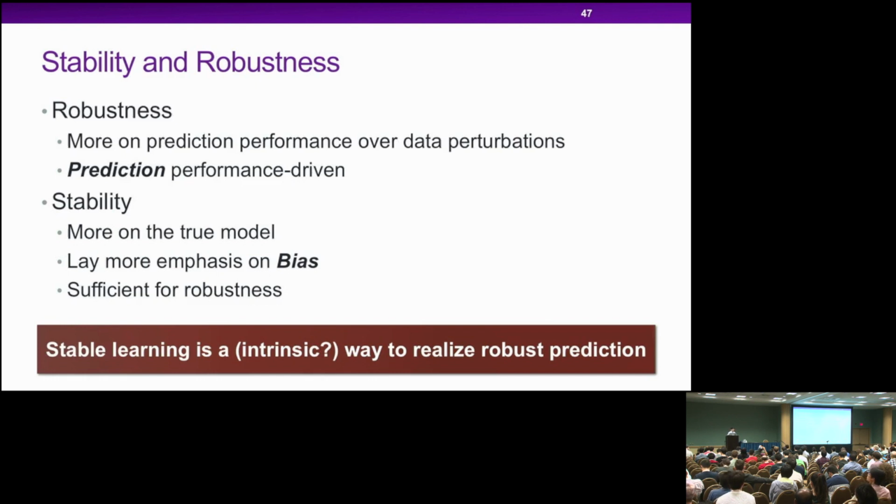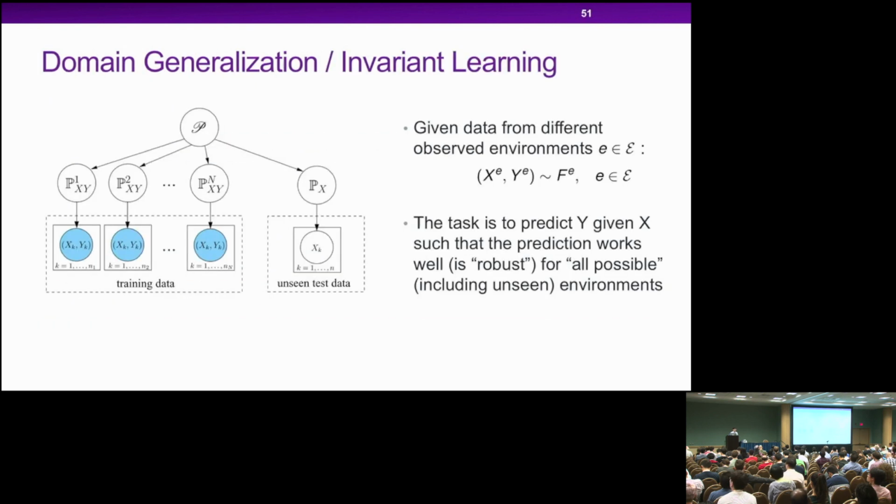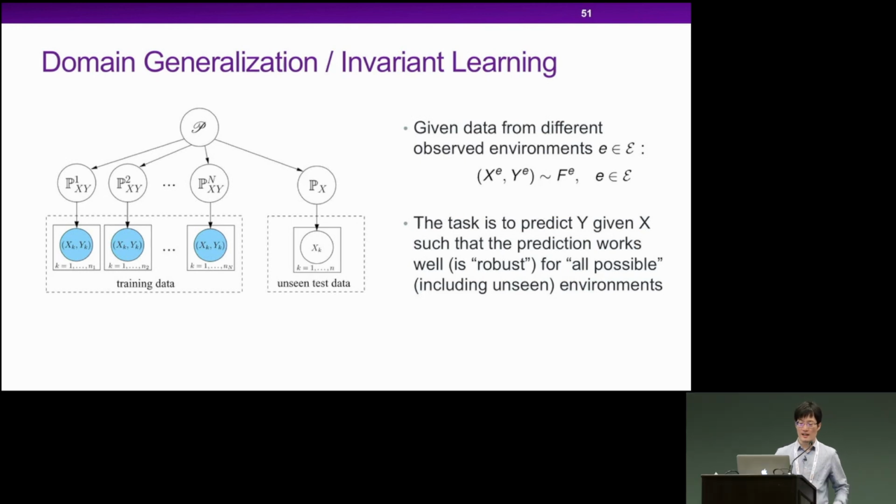So along this line, there are some previous works: one is domain generalization, and also invariance learning. In this setting, you can see that there is a global distribution, right? And I suppose that in the training phase, we have different environments, and each environment corresponds to a distribution of a subset of the global distribution.